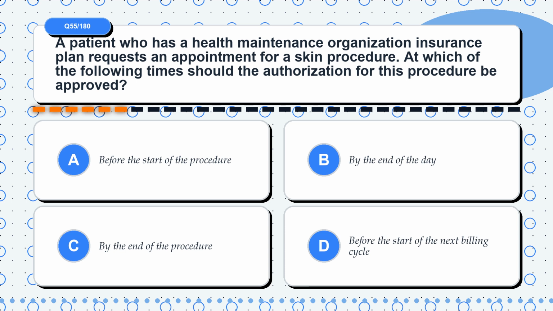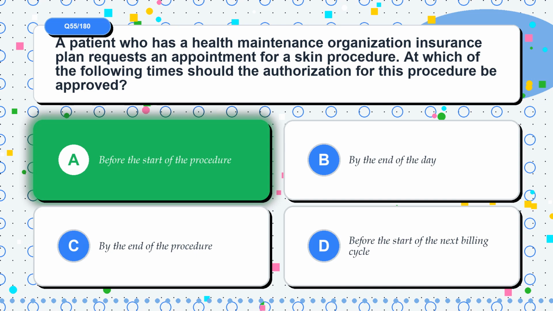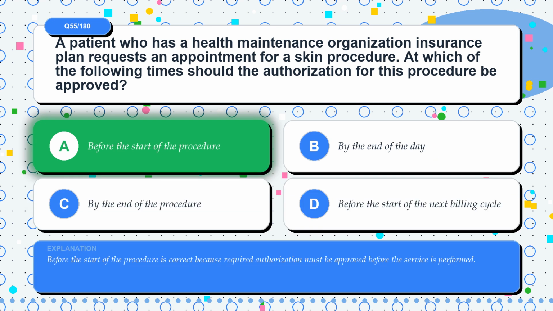Option C, by the end of the procedure. Option D, before the start of the next billing cycle. The correct answer is option A. Before the start of the procedure is correct because required authorization must be approved before the service is performed.